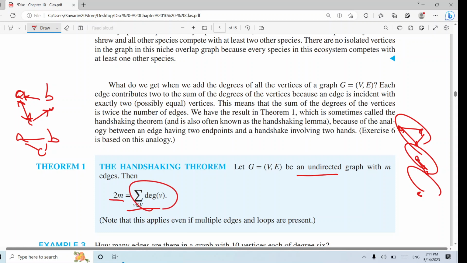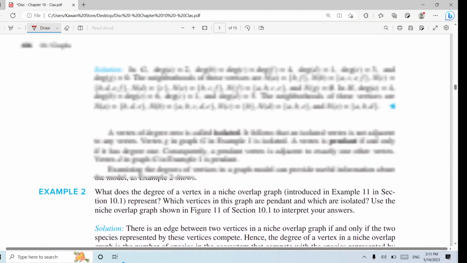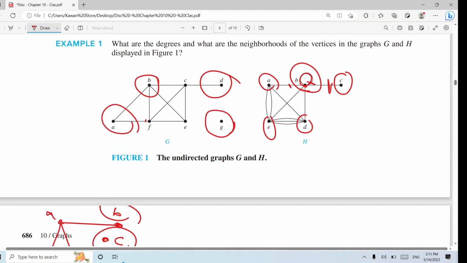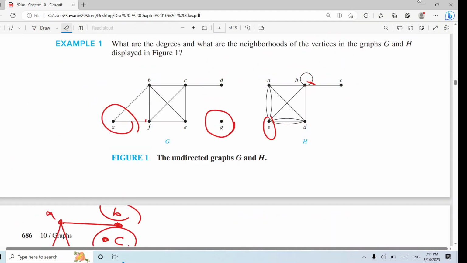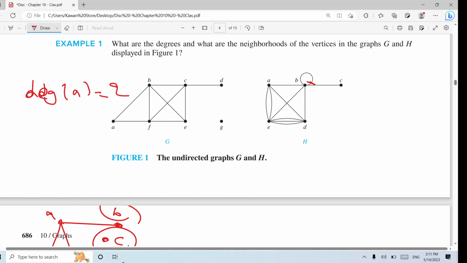In this example, the degree of A is equal to 2, meaning it has 2 edges. The degree of B is 4. How about G? 0.